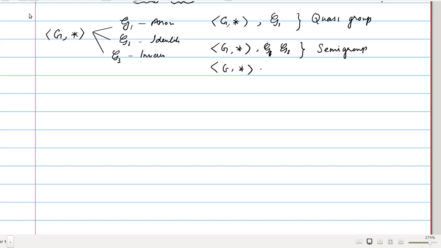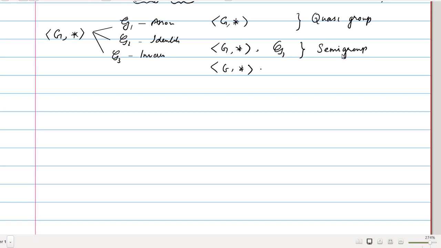The binary structure G star itself is called the quasi group, and the quasi group along with G1 is called a semi group. Therefore, G is a set and star is a binary operation on G, and that binary operation is associative.